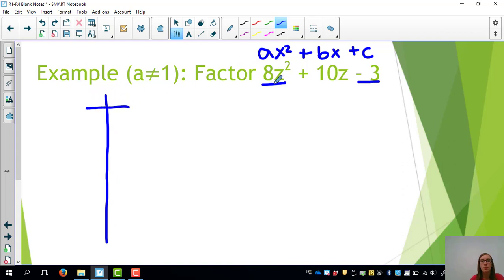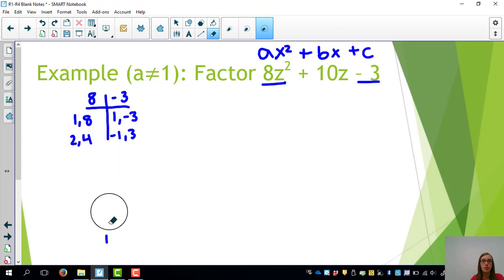So what I do is I put my a on the left side of a chart, and my number on the right, which is -3, on the right side of a chart. And I need factors of each. So my factors of 8 would be 1 and 8, 2 and 4. My factors of -3 would be 1 and -3, and -1 and 3.